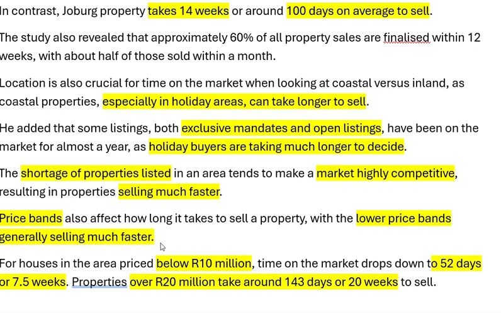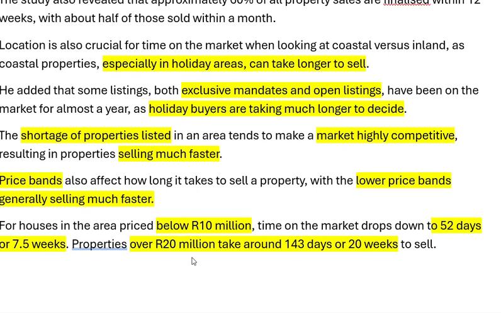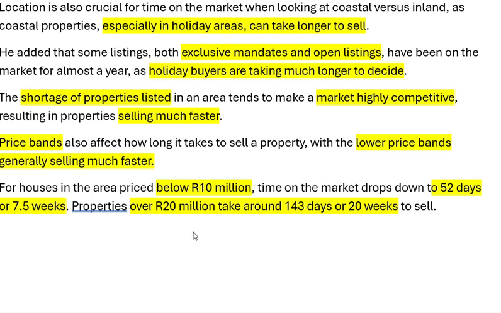Houses in the region of 10 million sell within 52 days, which is 7.5 weeks, and properties over 20 million take 143 days, which is 20 weeks. That further confirms that the higher the price, the longer it takes in the market, and the lower the price, the fewer weeks or days it takes sitting in the property sales market.